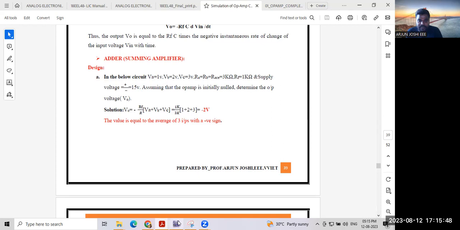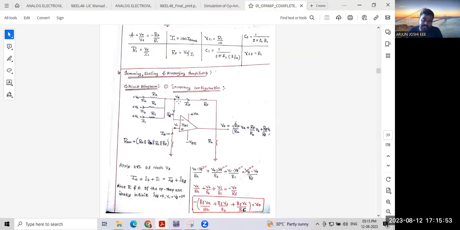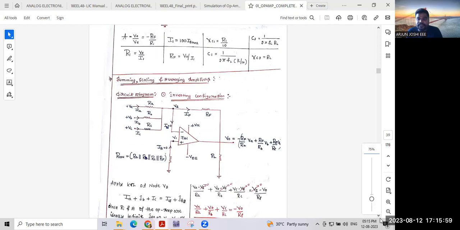Now let's understand the theoretical part of the summing amplifier, or adder. This is the circuit diagram of the inverting configuration summing amplifier. You can take non-inverting also, but here I'm going to consider the inverting configuration.